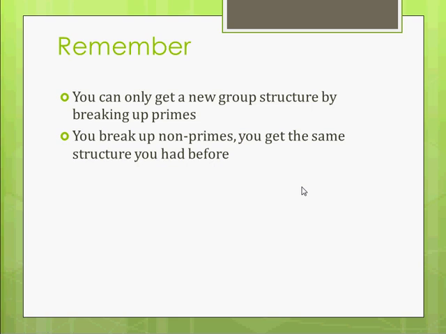Because first of all, 6 is composite, but also it's not a prime to some power. So I put non-primes here because it can be composite, it just can't be a prime to some power.